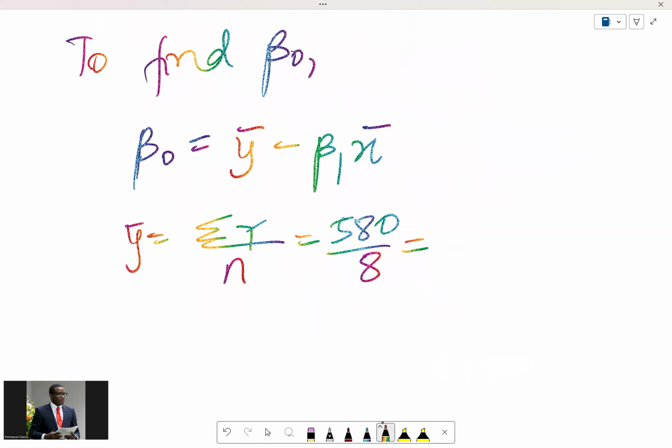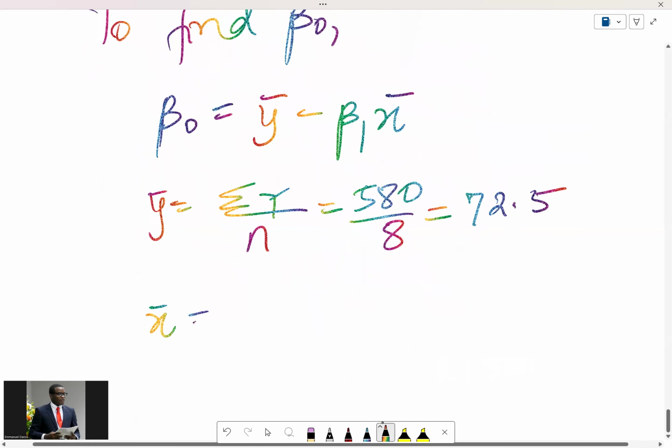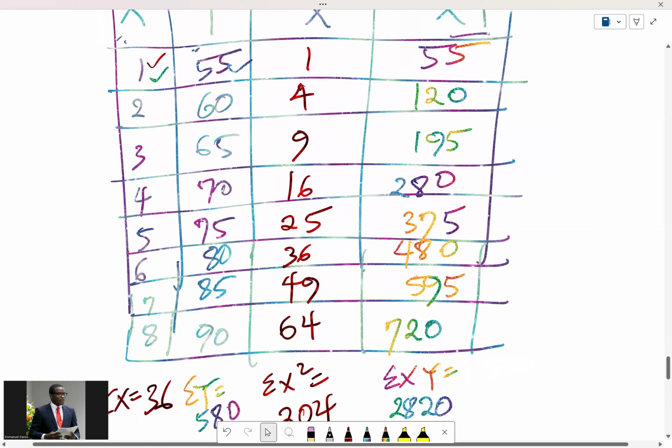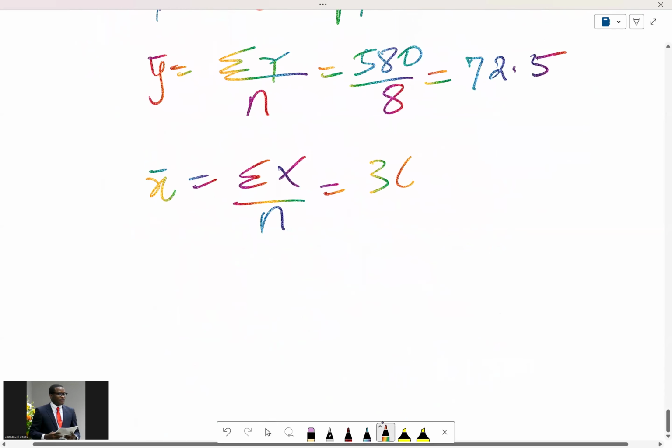That's 72.5. Then x bar is summation x over n, and summation x is 36, so that'll be 36 divided by 8 also. That is 4.5.